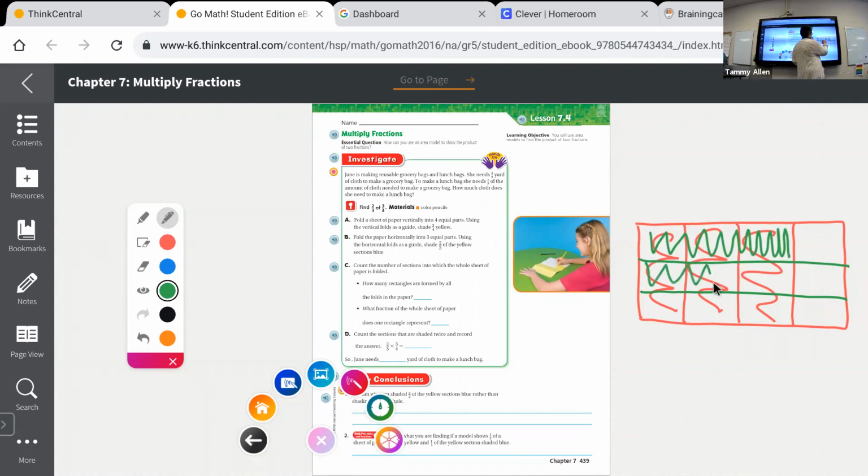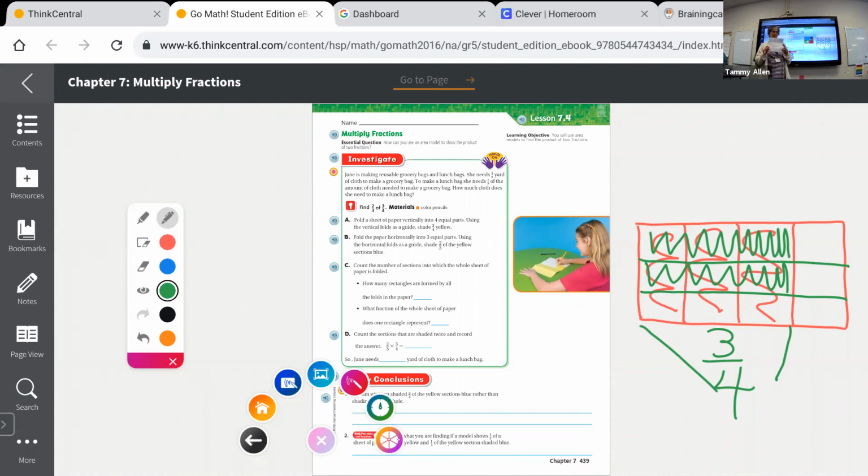I want 2/3 of that 3/4. Does that make sense? I want 2/3 of what was already red. The 3/4 is what's in red, from here to here. So I'm really not looking at that part of the paper anymore.